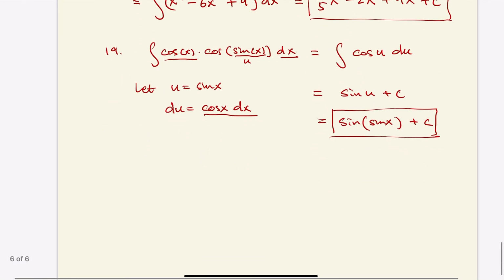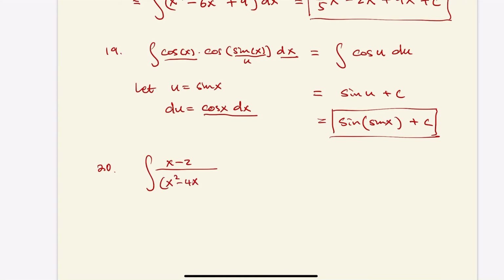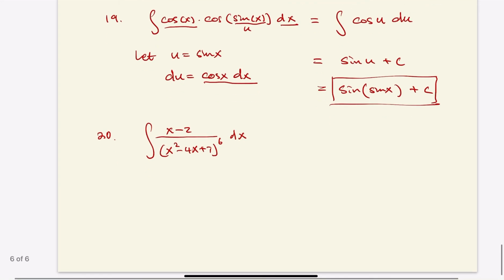Next one, number 20. Evaluate the integral of x minus 2 over x squared minus 4x plus 7 to the power of 6 dx. This one, I'm going to use u sub.